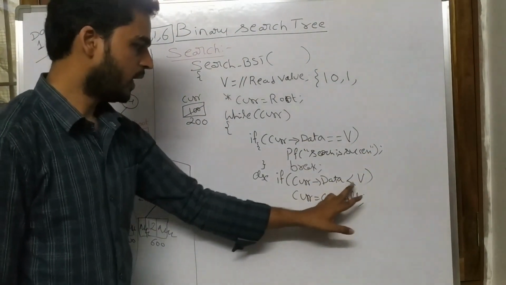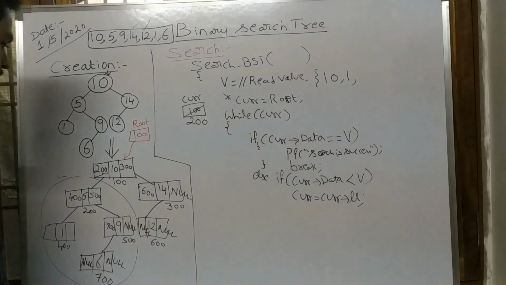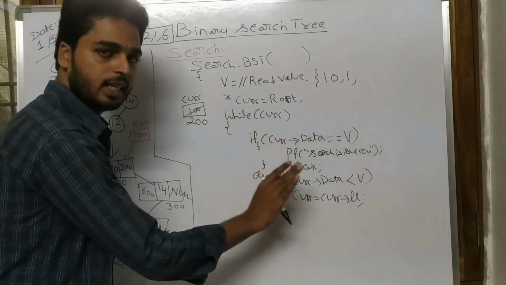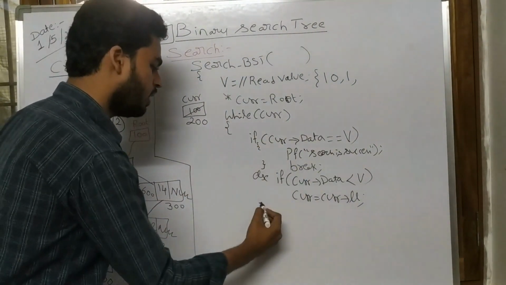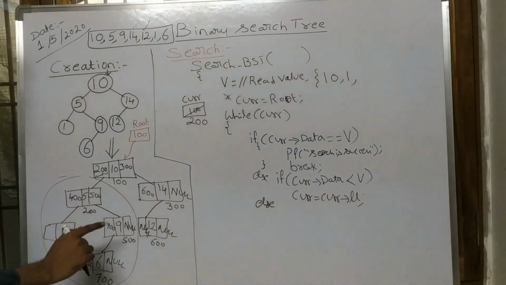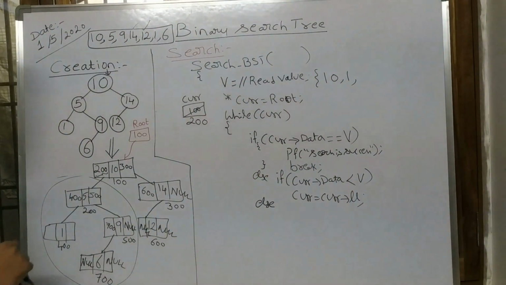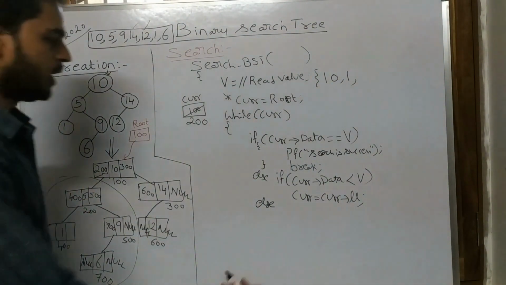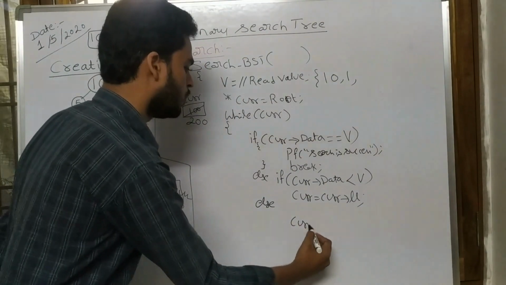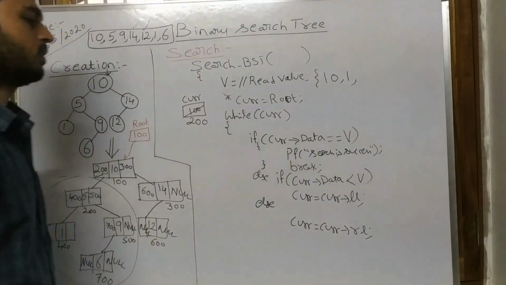No. The condition fails. When the condition fails, what is the meaning? My data will be present on the right side. I mean, I need to move current equal to current->right.